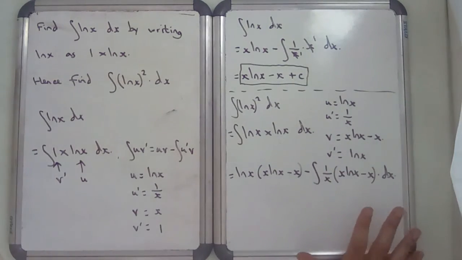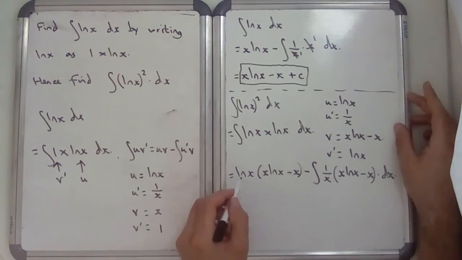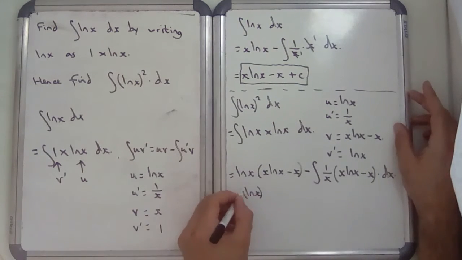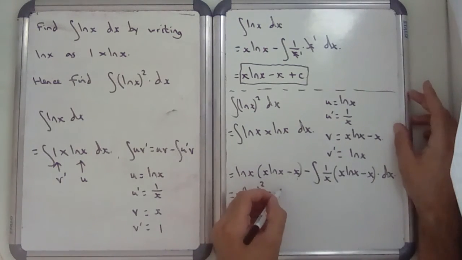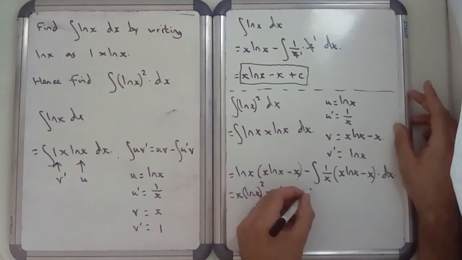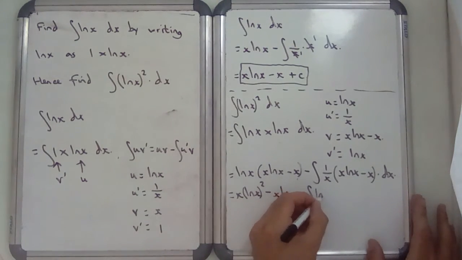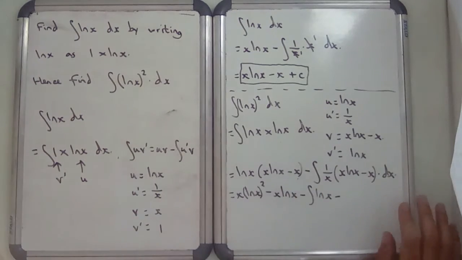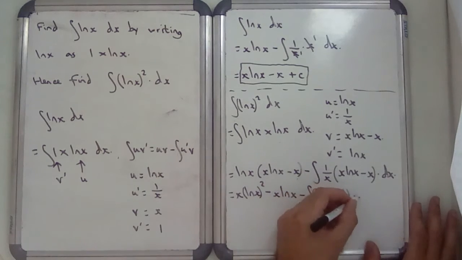So it looks a bit daunting, but if you look at what's going to happen, it's going to tidy up really nicely. So I'm going to expand this bracket, so that x ln x times ln x is x ln x squared, minus, well, then you've got x times ln x, which is just x ln x, minus the integral of, if I distribute this 1 over x into there, 1 over x times x ln x is just ln x, minus, well, 1 over x times x is 1, with respect to x.